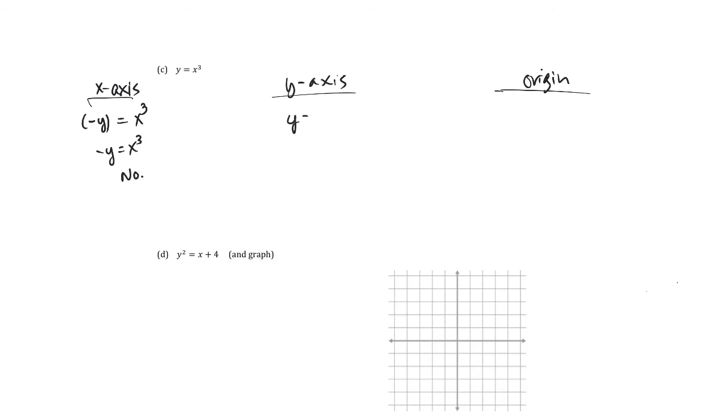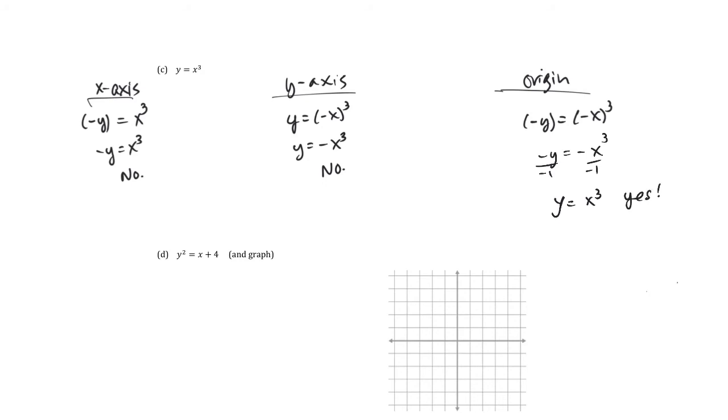Here we're going to replace x with the opposite of x, which again is not what we started with. But if we replace y with the opposite of y and x with the opposite of x, we would get the opposite of y is equal to the opposite of x cubed, and then if we just divide through by negative 1, that is equivalent to what we started with. So this is symmetric with the origin, and that graph is kind of a neat looking graph. It's kind of an S shape.